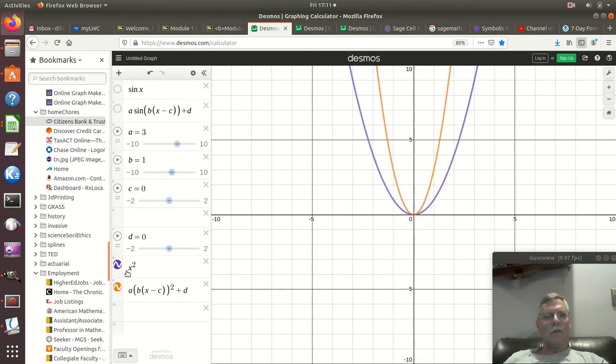Done. Okay, so here's our original in blue, and here's the funny thing, look at what a does. a is supposed to be stretching it up. So, here's 1, 1.